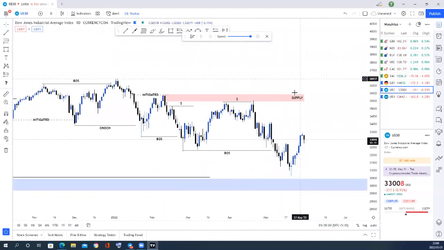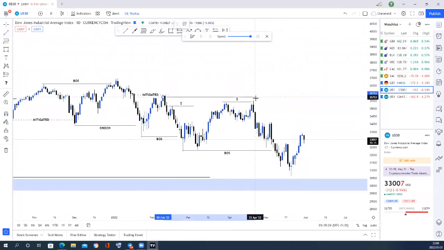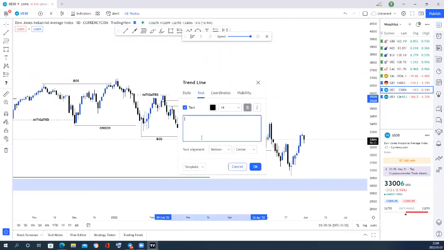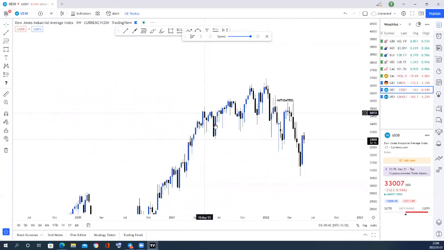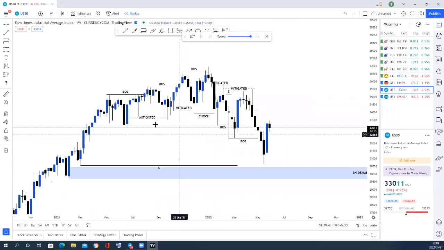Understand? So let's fix our things now and say that this level here is with this liquidity. Let's make it a bit smaller. This level here, let me remove it because you all know now, it was mitigated. So now let's go back to our weekly level.